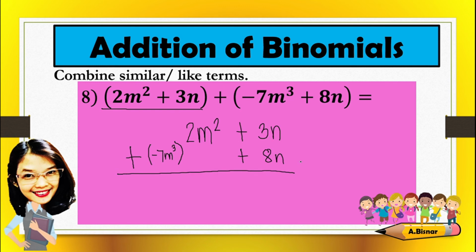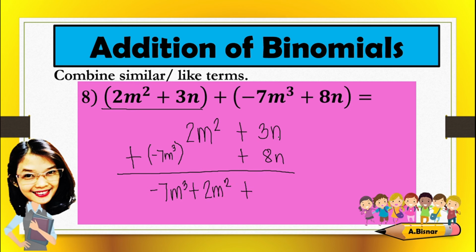So we will have to add terms that are aligned to each other. So in here, there is no other term that has m cubed. So let's just copy negative 7m cubed. Now, what will be the sign in here? Since 2m squared in here is positive, then this will be plus 2m squared.